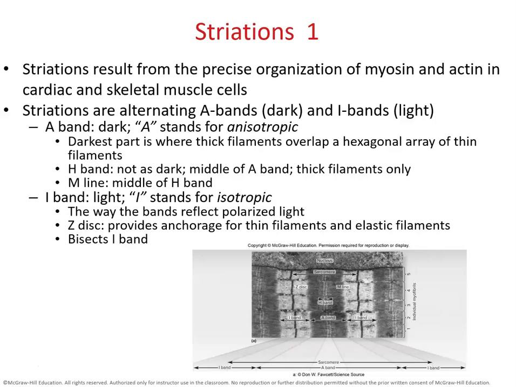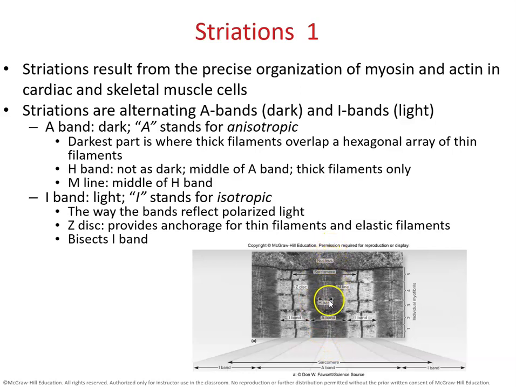So I told you before, and you've read before and seen before, that skeletal muscles are striated or striped. And this striping comes from the very specific alignment and organization of myosin and actin. And we see this both in skeletal and cardiac muscles. Okay, so we have these very specific light and dark bands.